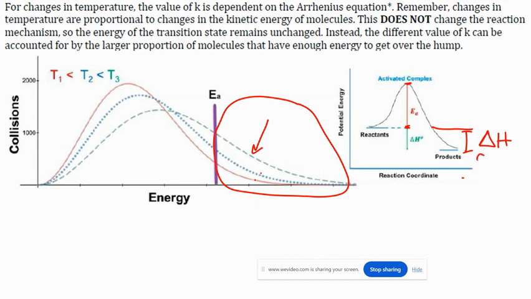Delta H is your change in enthalpy. Delta means change in. So from the reactants to the top of the curve, what is that? Here to here? That is your activation energy. That's how much energy has to be input to get everything to collide at the right velocity.